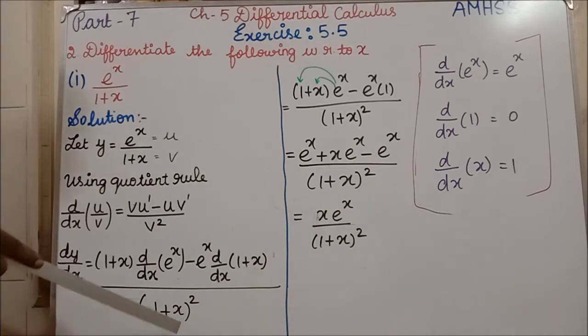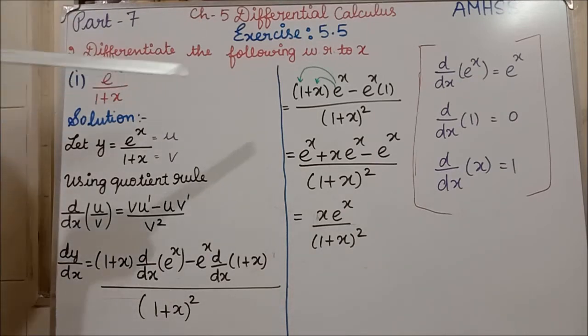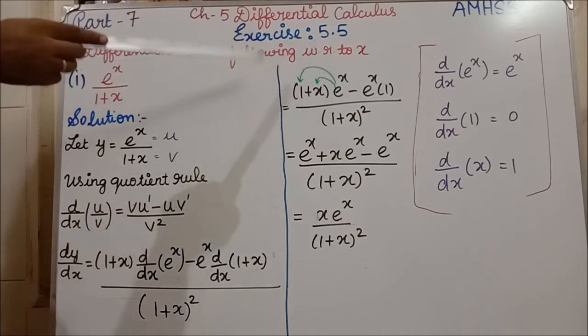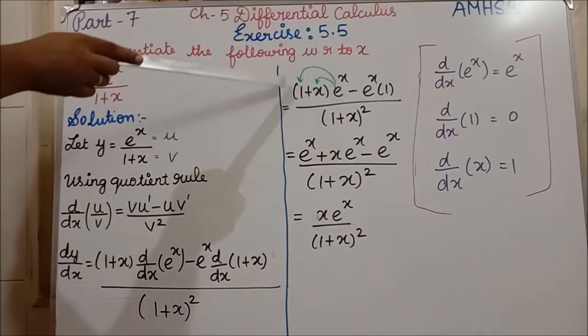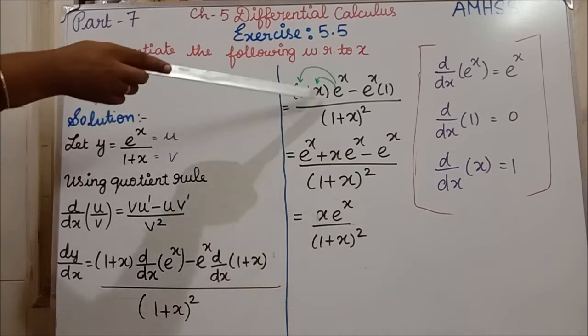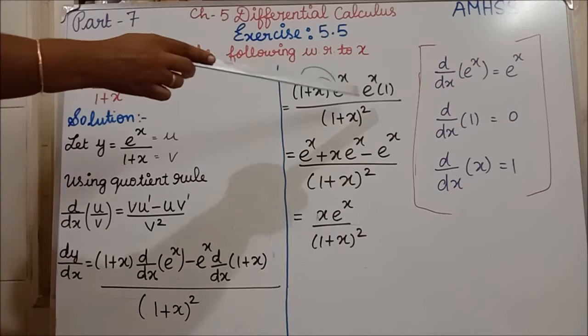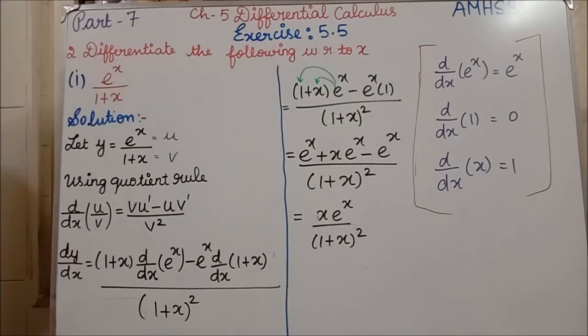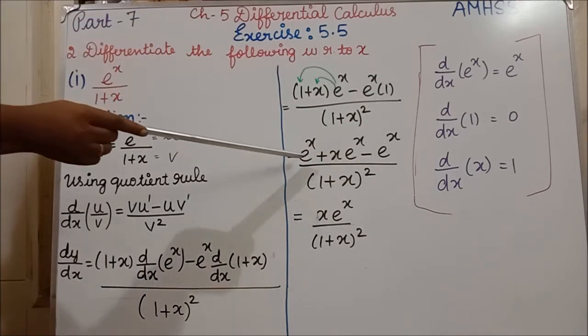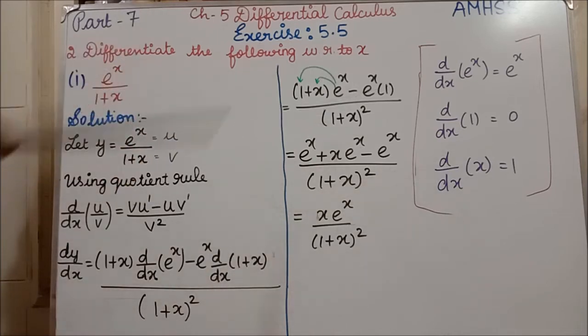Divided by 1 plus x the whole square. The next term we are taking this e power x inside. What will we get? E power x into 1 is e power x, plus e power x into x is x e power x, minus e power x into 1 is e power x. Here plus e power x and minus e power x will get cancelled. Remaining is what?